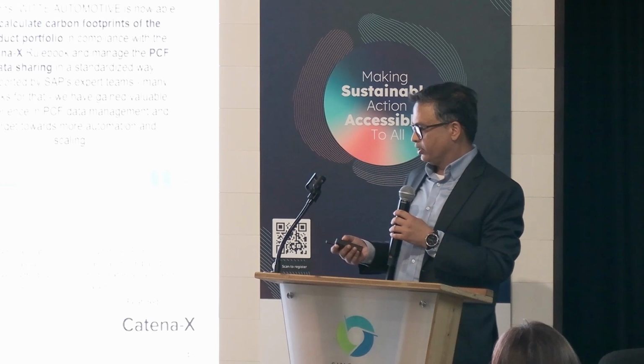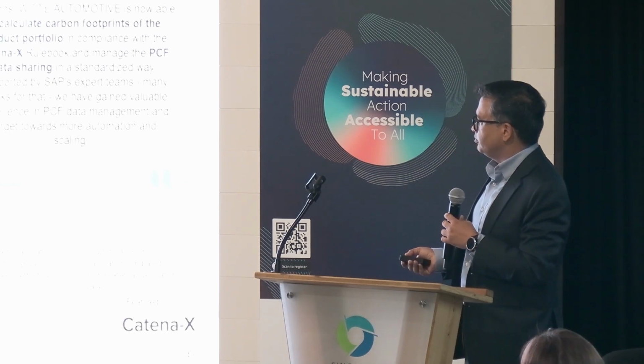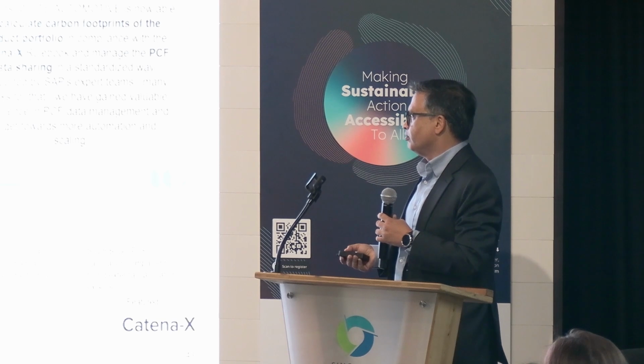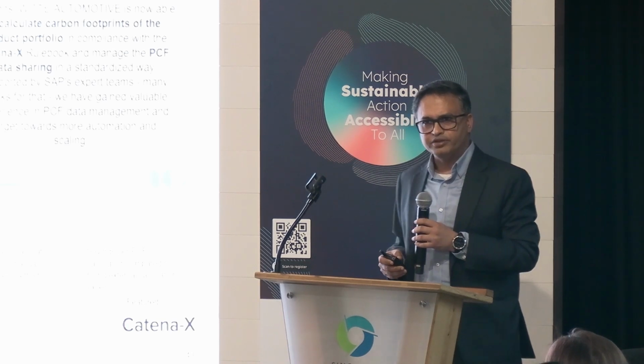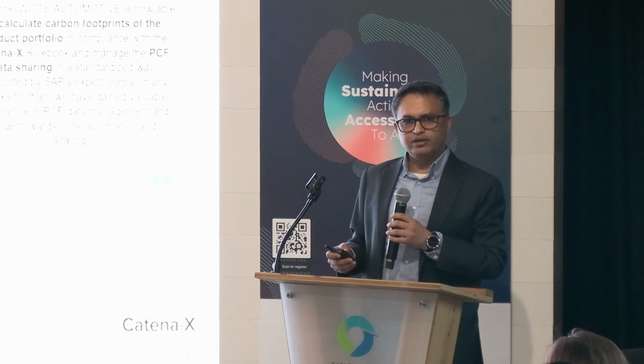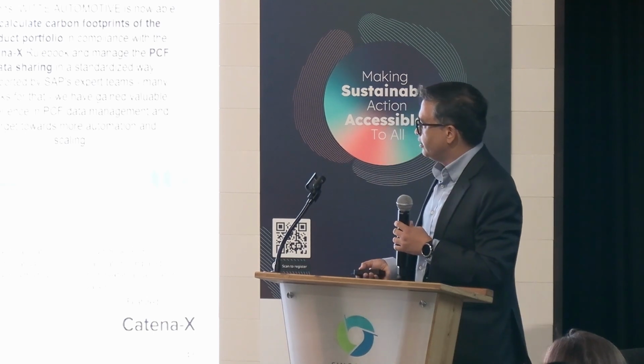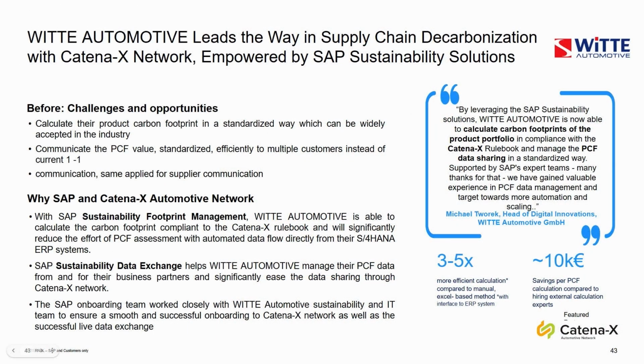So that was the requirement, and they're currently using two software products from us. One is Sustainability Footprint Management, to calculate the emission of the products they're manufacturing, and Data Exchange, which they're using to share across the network.